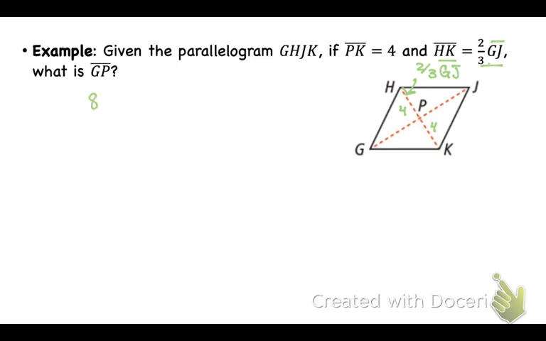So 8 equals 2/3 GJ. Is that what it means? How did I get 8 equals 2/3 GJ? Because 4 plus 4, because HK is the whole thing. So now I probably should solve that for GJ, right?